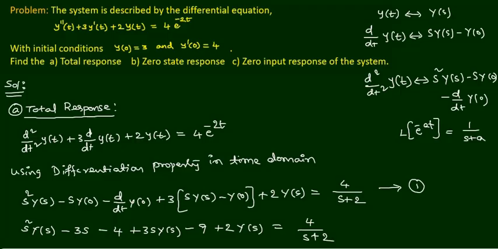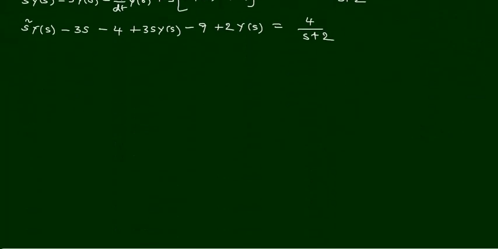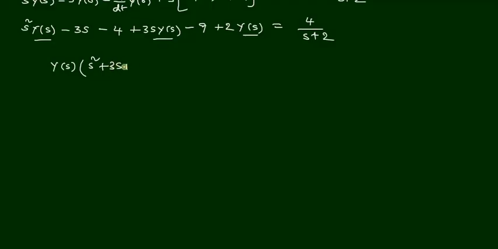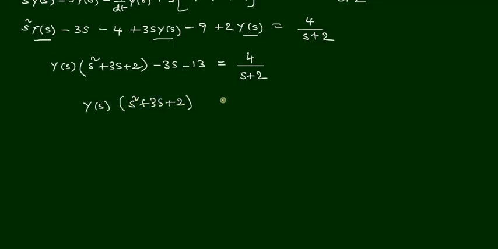Now we further simplify this equation to get the response of the system. Y of s is common in the three terms, so we take it common and write s square plus 3s plus 2, minus 3s minus 4 minus 9, which is minus 13, equals 4 divided by s plus 2.